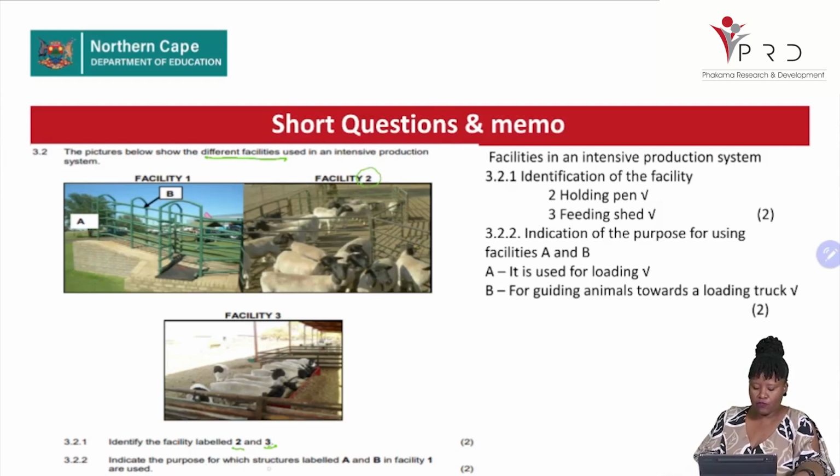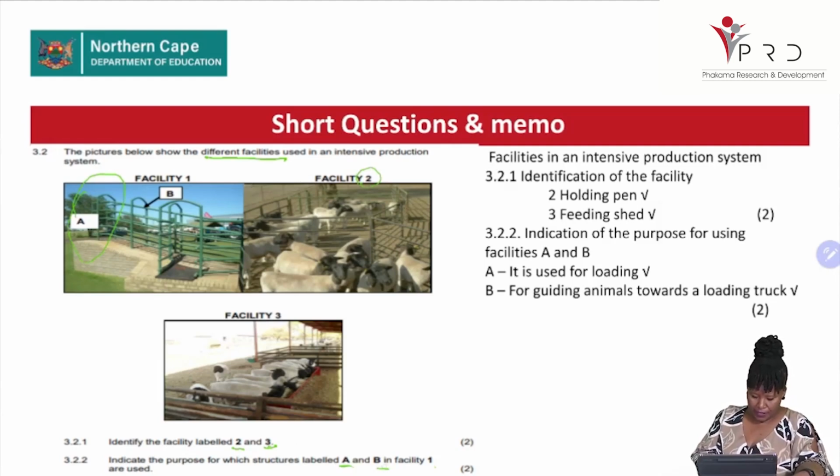Indicate the purpose for which structures labeled A and B in facility 1 are used. The part A, what is it used for? It is used for loading when you are transporting animals. When you want to load the animals into the truck, you must have this part A. So it is a loading ramp.